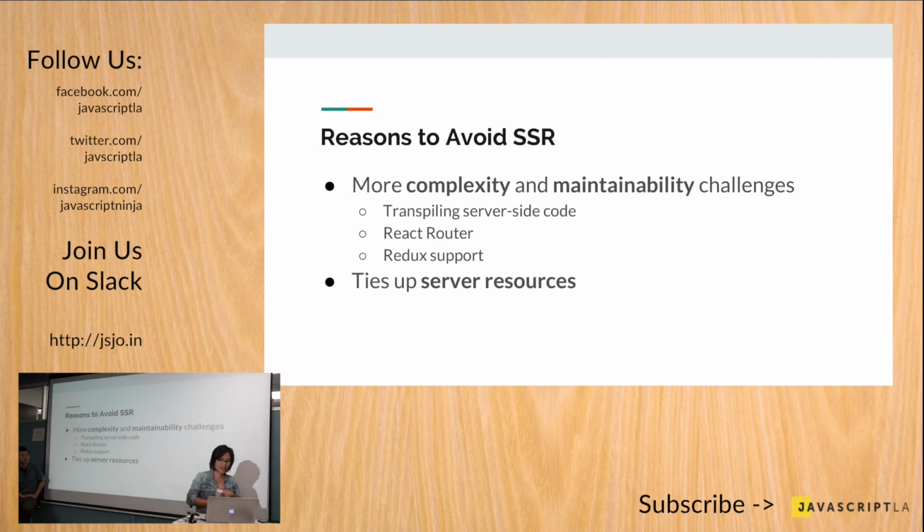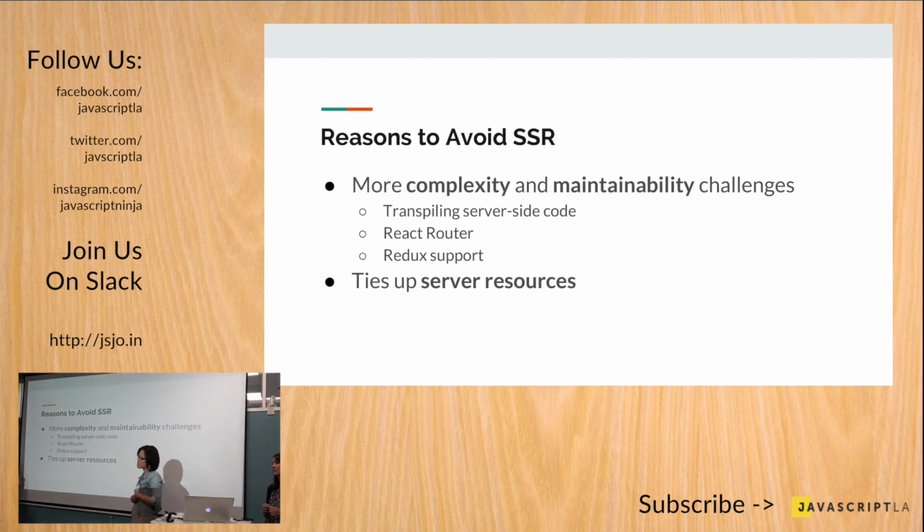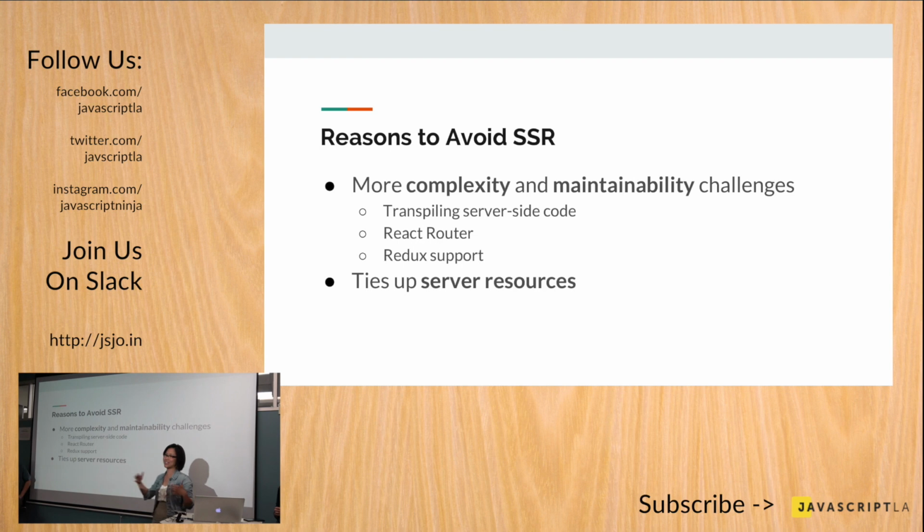Actually, one of the biggest challenges is trying to get Redux support into SSR. It is possible, but it's a tricky thing. That's outside of the scope of our talk for tonight, but that is another complexity and maintainability issue if you're also having to deal with state in Redux.